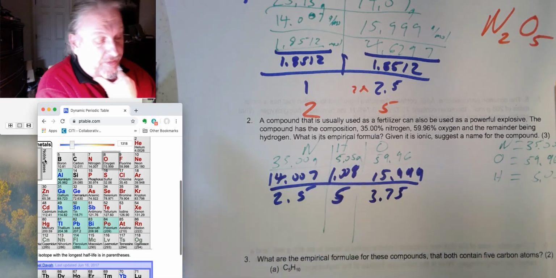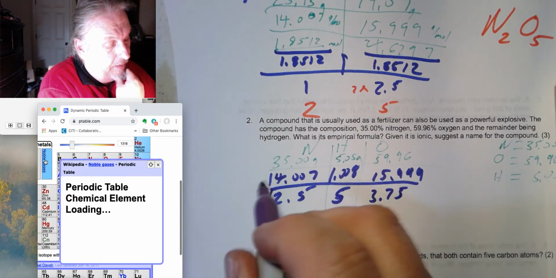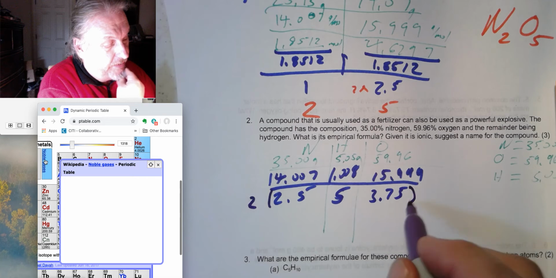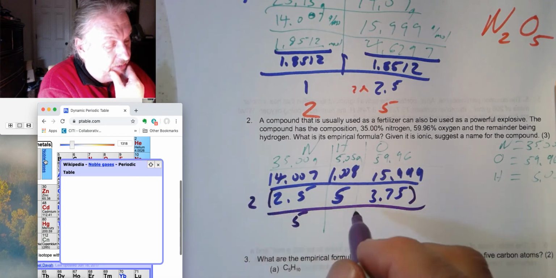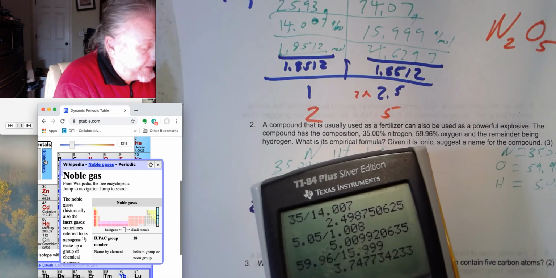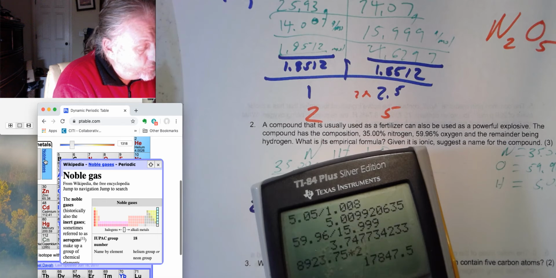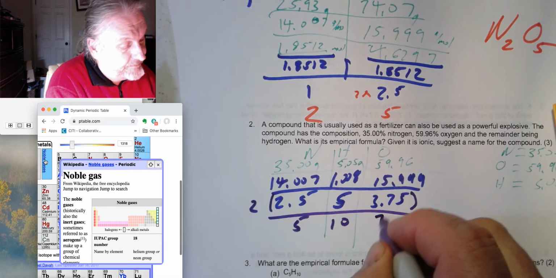Let's do this first. I'm going to do a couple of steps. I'm going to multiply all of these by 2. That's going to give me a 5 because I'm trying to find a whole number ratio. That gives me a 10. And then 3.75 times 2, 0.75 times 2, gives me 7.5.